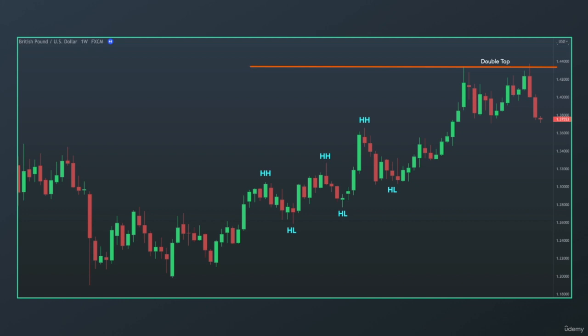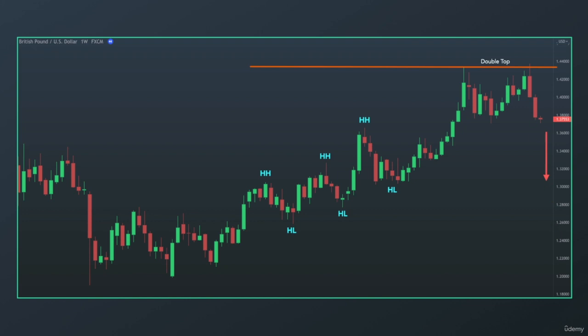So on the weekly time frame, our bias is bearish. Since price created this bearish price action after an uptrending market, there's a possibility that this uptrending move is about to end and we will now see a downside move.